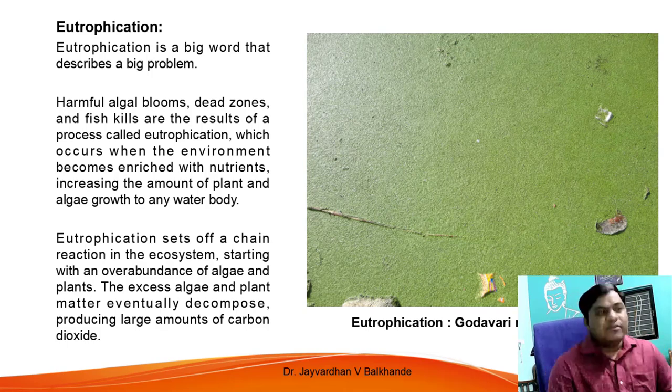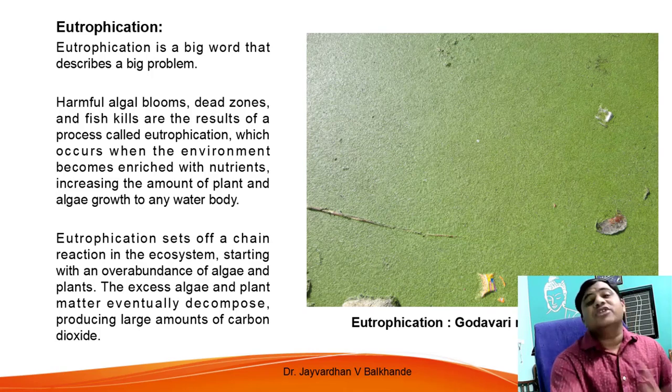Eutrophication sets off a chain reaction in the ecosystem, starting with an overabundance of algae and plants. These excess algae and plant matter eventually decompose, producing large amounts of carbon dioxide. That's why they are toxic to aquatic animals, the fishes.